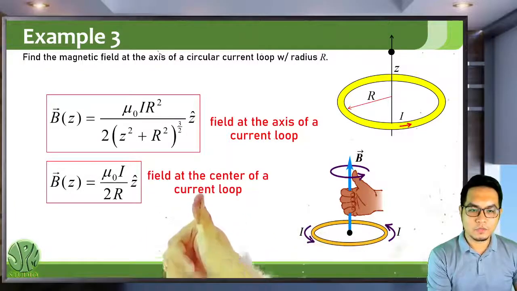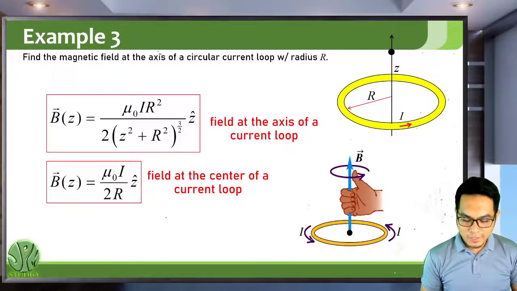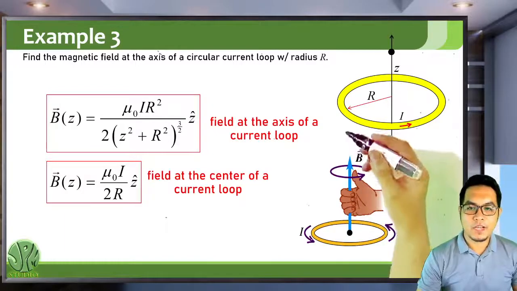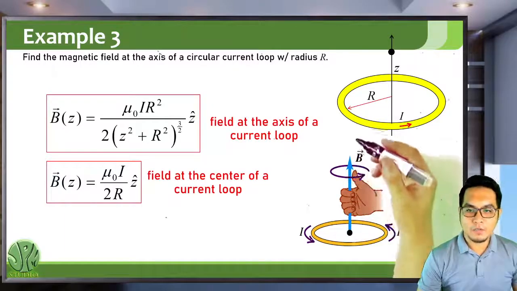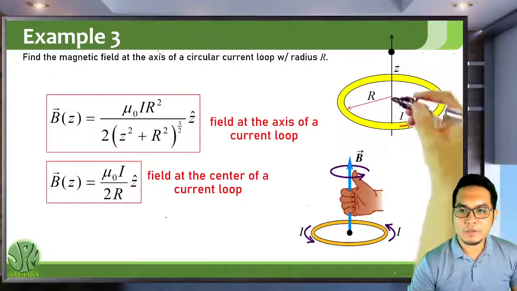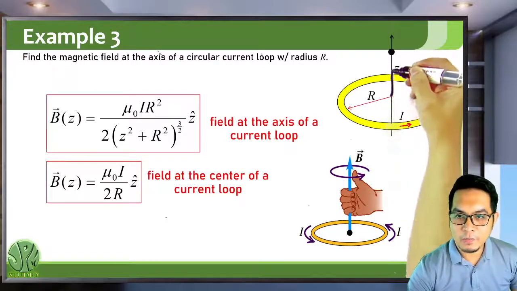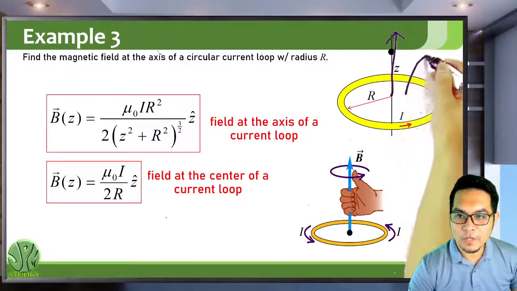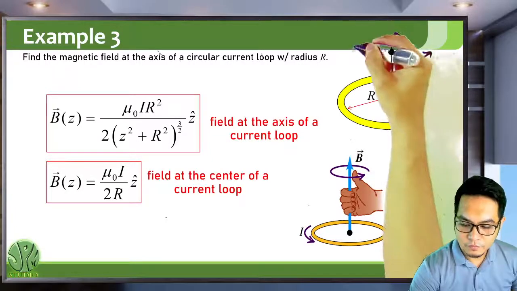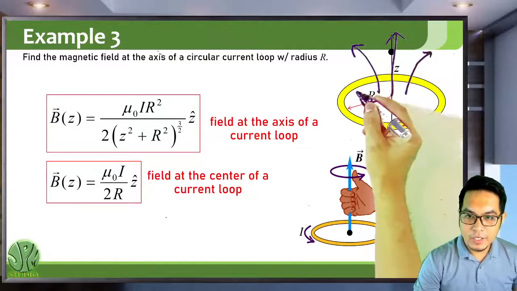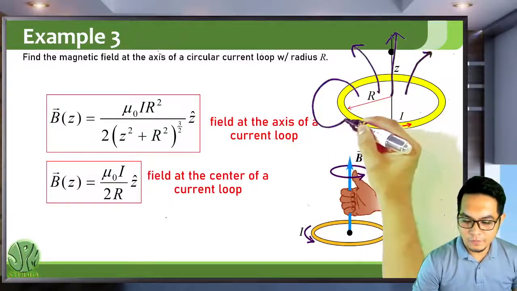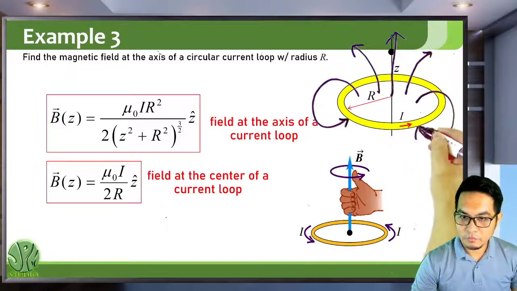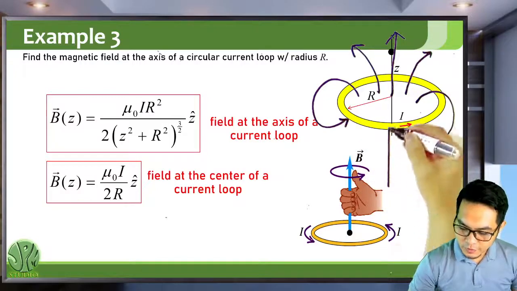So in reality, the magnetic field along the axis is uniform, but at the side of the loop, it will start to bend like that. And in this part of the loop, it will curl around the loop like that, and downwards it will still be like that.